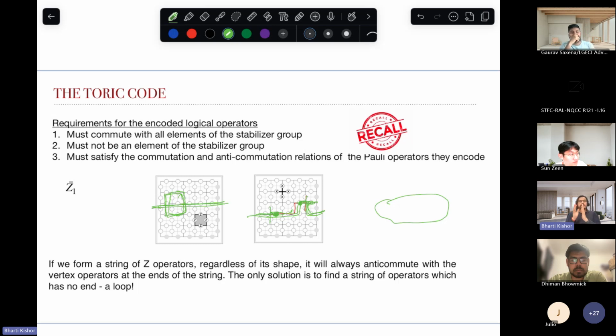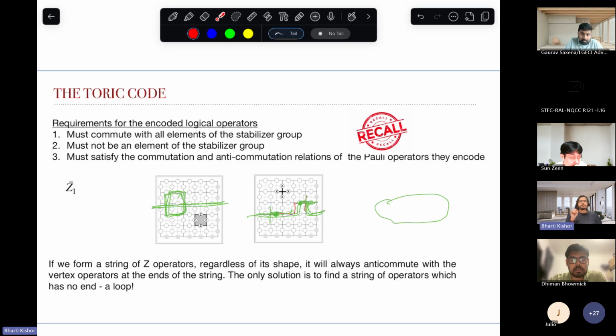Now, whenever I have a trivial loop, I will always be able to take plaquette generators and multiply them and get it. But note that the logical operator must not be an element of the stabilizer group.